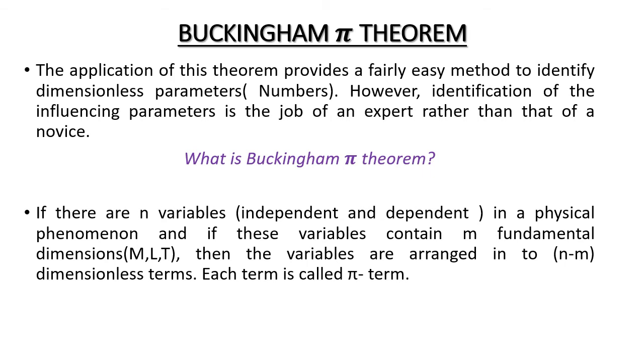Suppose n is equal to 10 and fundamental dimensions m is equal to 3, then the total number of pi terms is n minus m, 10 minus 3, which is 7. So total pi terms are 7. We'll see what this pi term is and the procedure to get all this.